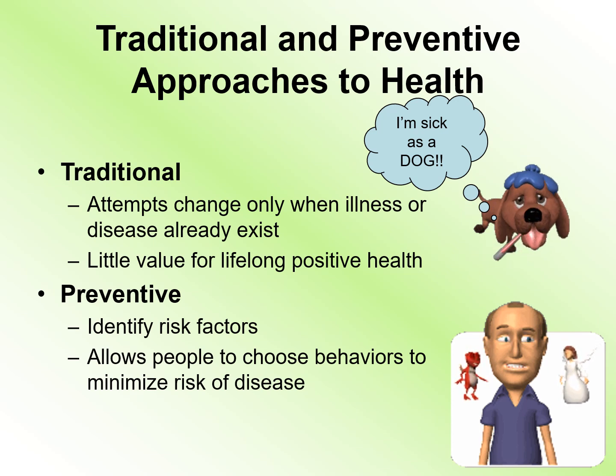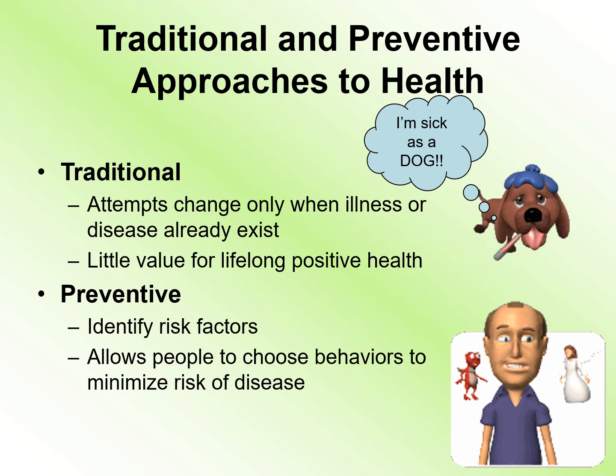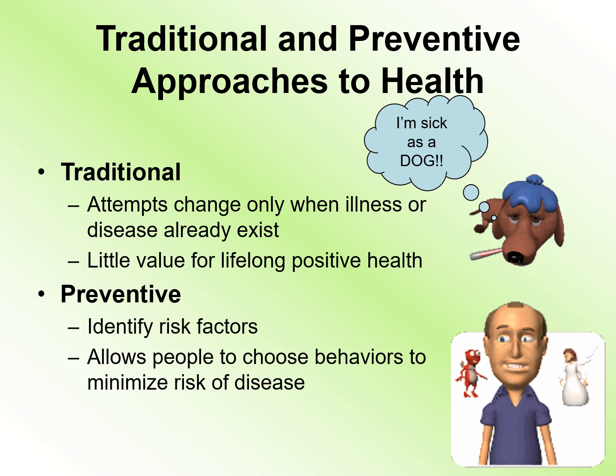The traditional way to manage health is to cure people or try to help them only when they're ill or when they get a disease. And really, that's not a very positive approach to healthcare. So a better approach would be preventative, which identifies our risk factors and tries to help people choose or modify their behaviors to minimize their risks of disease.